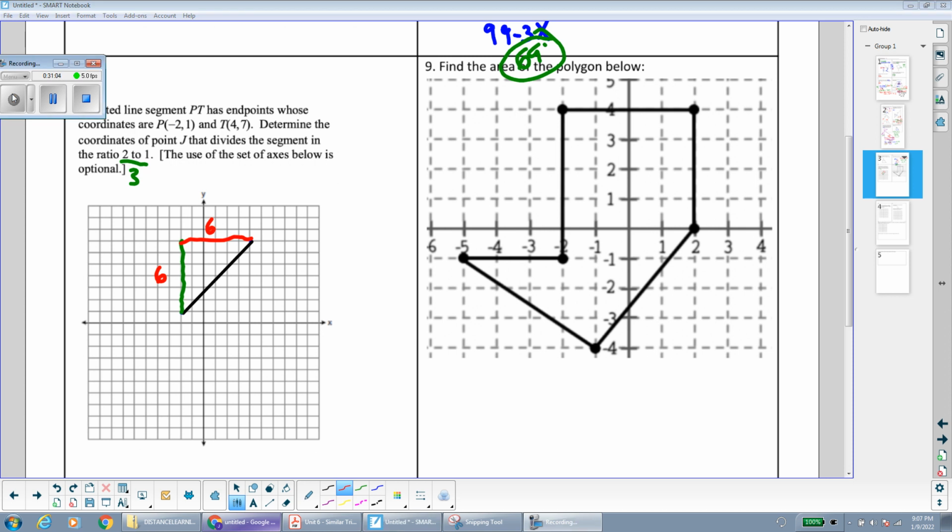Now I know that I am dividing this into 3 parts. So I'm going to take the change in x and the change in y and divide both by the number of parts, which is 3. And 6 divided by 3 is 2.